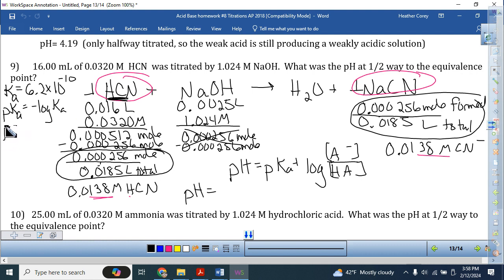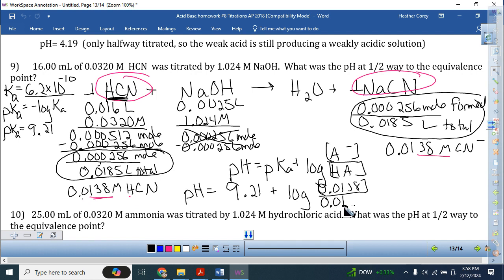And so my pKa, when I take the negative log of 6.2 times 10 to the negative 10, gives me a pKa of 9.21. So the pH equals the pKa, 9.21, plus the log of my conjugate base, which was 0.0138, divided by the concentration of my weak acid, which was the same.